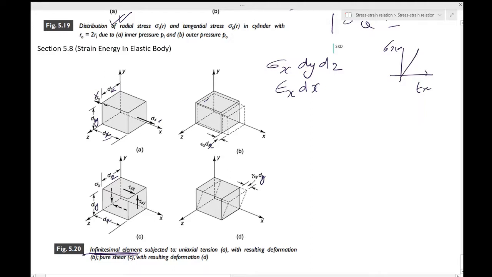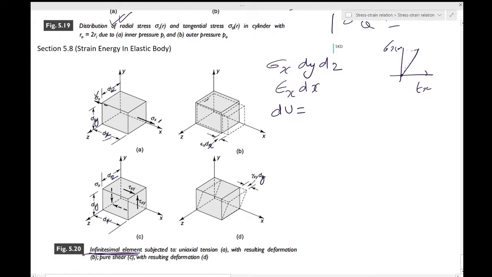Thus the strain energy dU stored in this element, when the final stress and strain values sigma x and epsilon x are reached. You see that they will start off from 0, then they will increase.